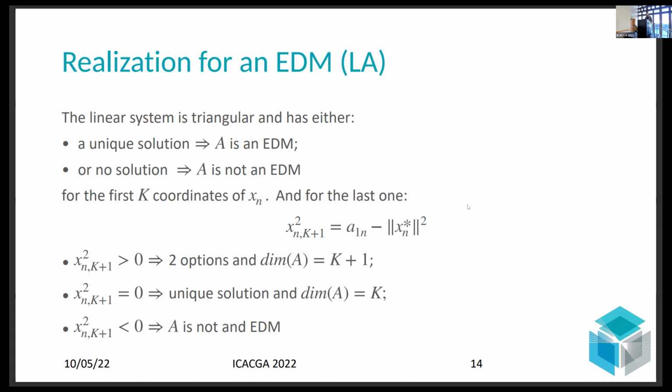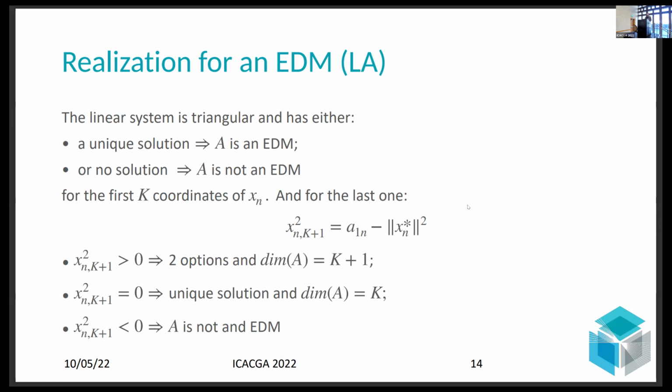If we have no solution, A is not an EDM. Then we can find the last coordinate. We have these possible situations. If this square number is negative, A is not an EDM. Otherwise, we decide whether or not to increase the embedded dimension, and we have a solution for the matrix.